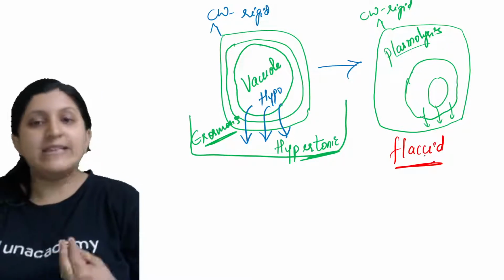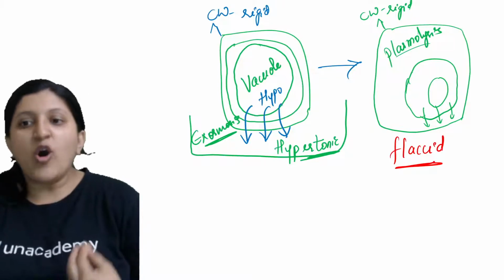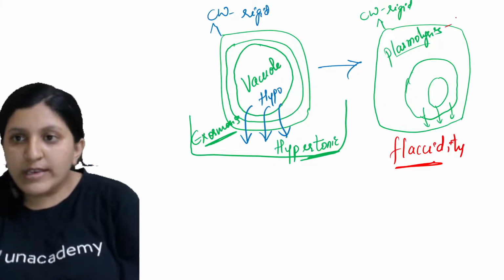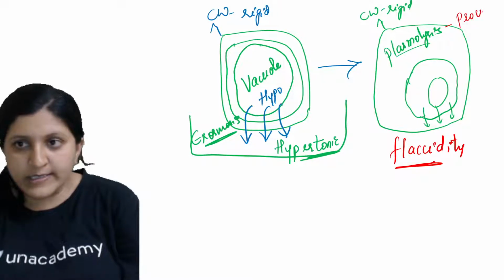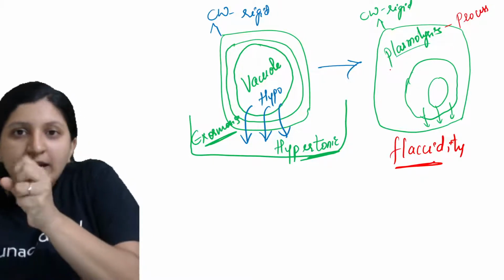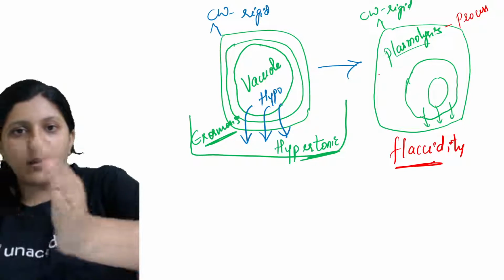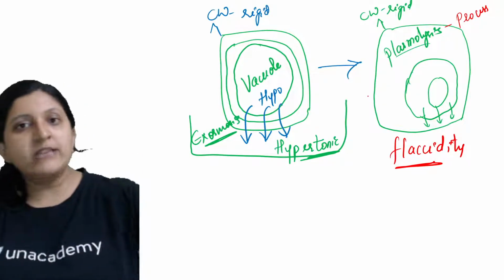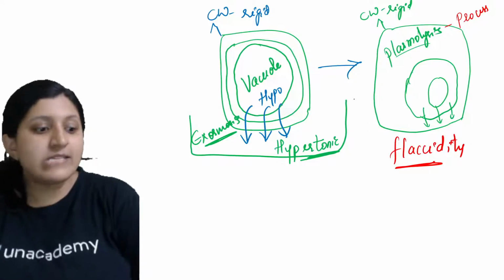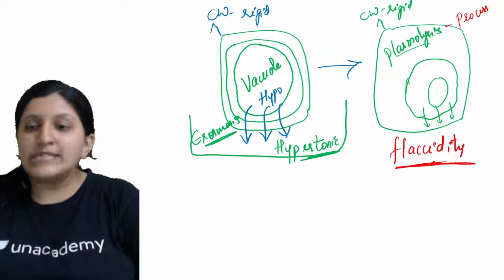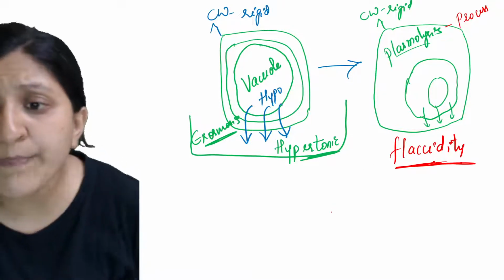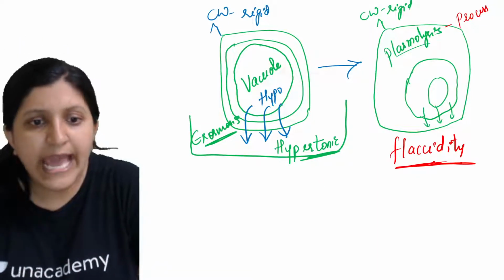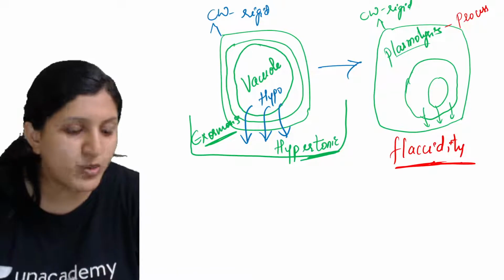We call this cell a flaccid cell, or flaccidity also we can mention. This is a process where the cellular content is coming to one corner, and the cell wall has remained intact itself. This condition of a cell we call flaccidity. Now we'll do one thing. We can keep the cell in the hypotonic solution.